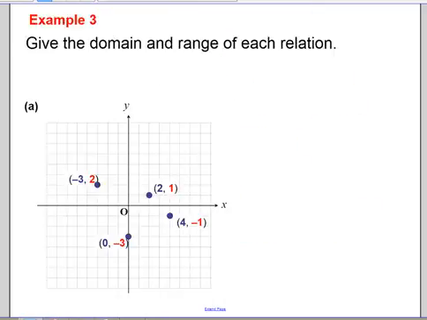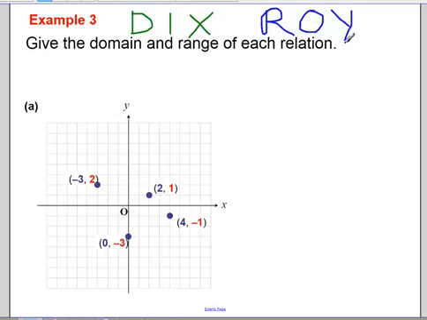In this case, our relation is given to us as points on a piece of graph paper. You can still find the domain and range and determine if the graph is a function. Remember, D for domain, I is your input, those are your x values, and R for range, O for outputs, and Y for y values.